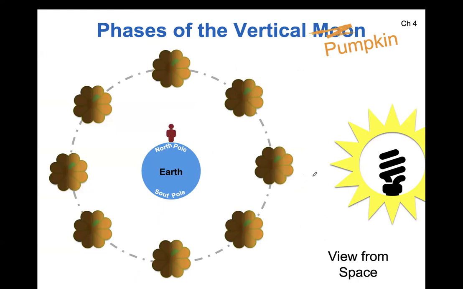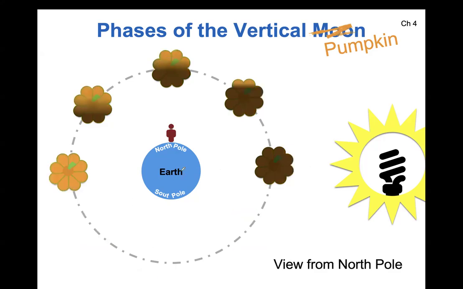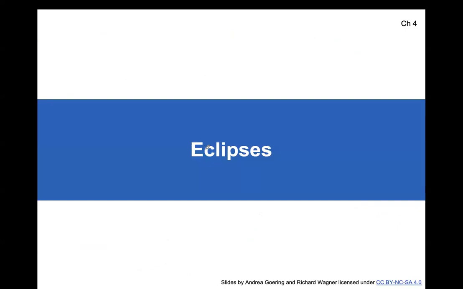This is, again, the vertical moving pumpkin. So you could simulate this yourself by imagining, make your head the Earth, kind of spin around. What would you see? Right? This is hinting at the fact that you would see some sort of phases. They would be different, and they definitely would behave differently relative to your local sky.